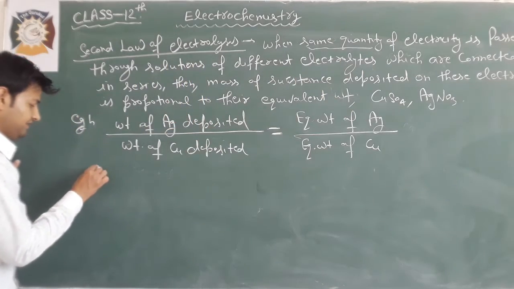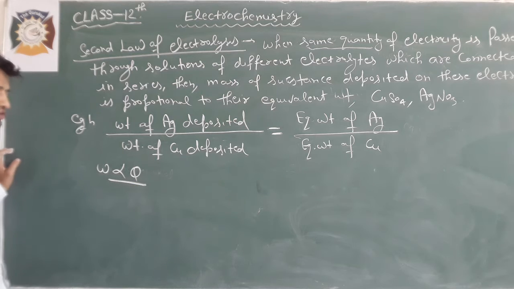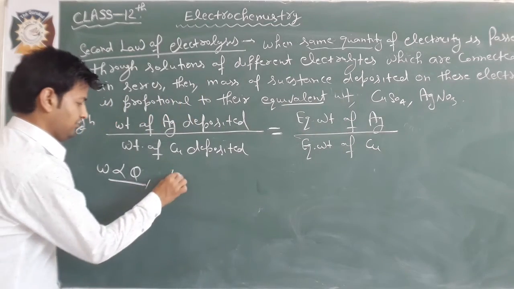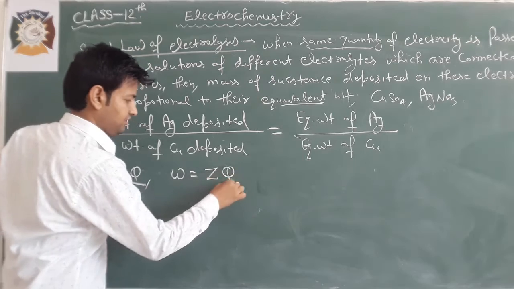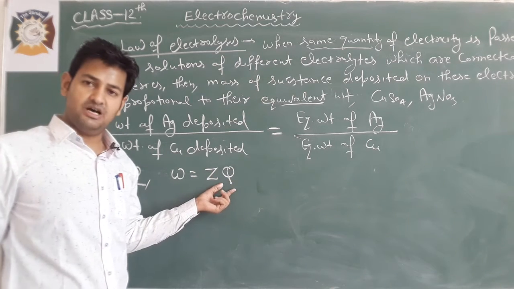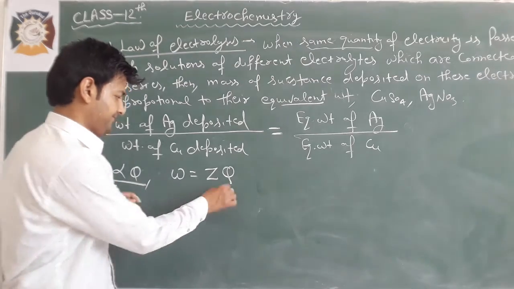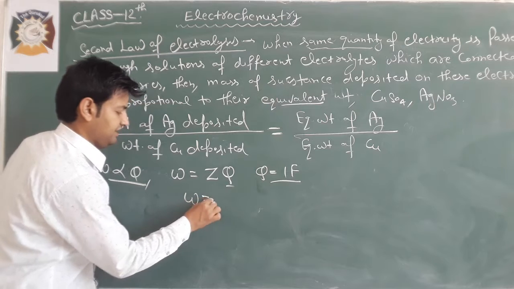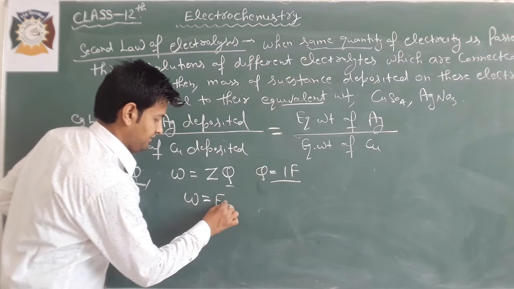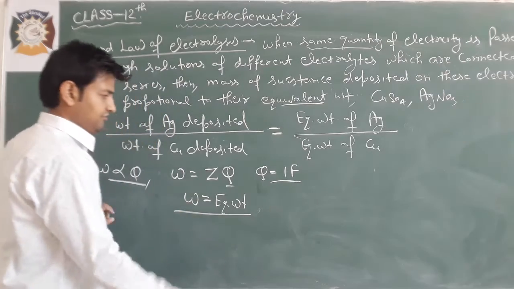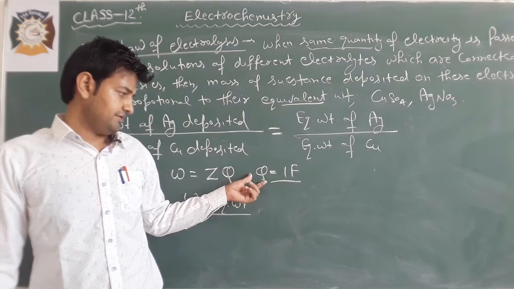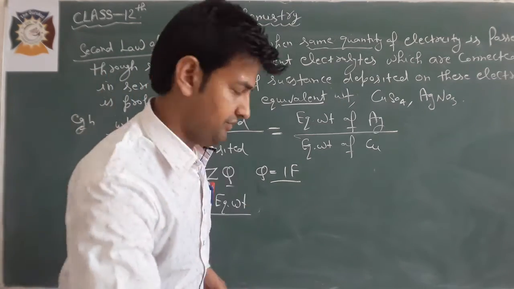Next point, weight deposited is directly proportional to charge. According to Faraday's first law, W is equal to Z into Q. If the charge is equal to 1 Faraday, then the weight deposited will be equal to the equivalent weight. 1 Faraday of electricity means the amount of charge of 1 mole of electrons. How do you calculate it?